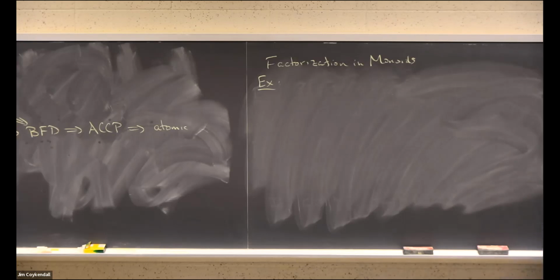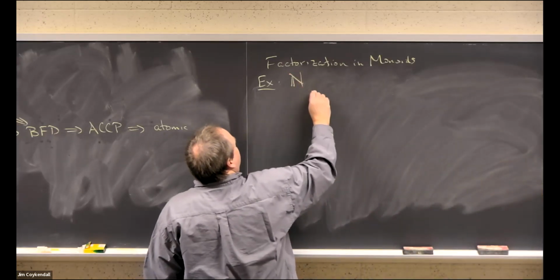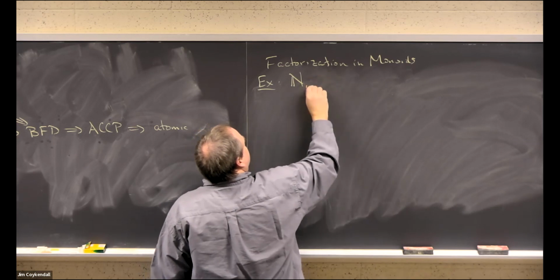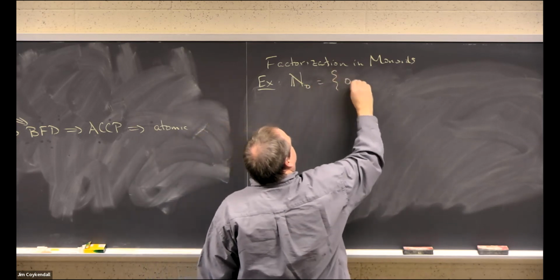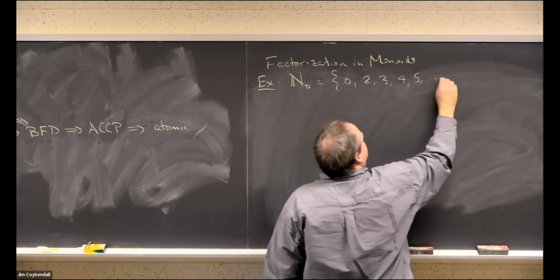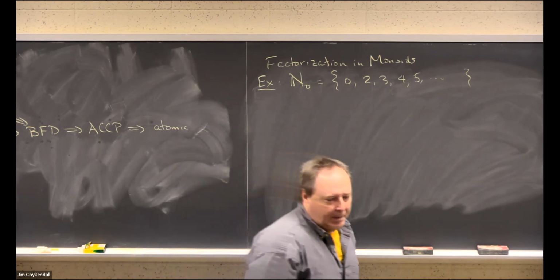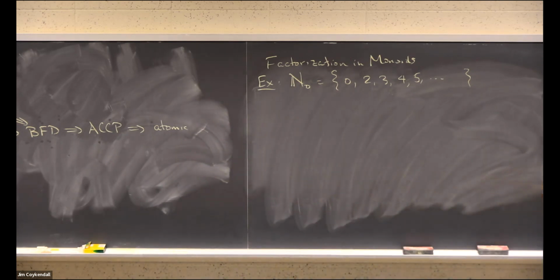And so oftentimes when I talk about factorization in monoids, I'm going to talk about additive factorization. Here's my favorite example. This is one of the best examples, I think, to illustrate factorization in a monoid.